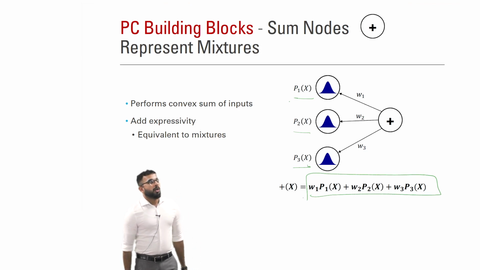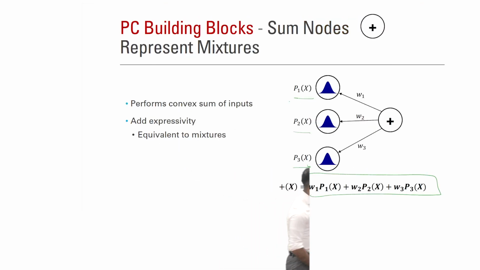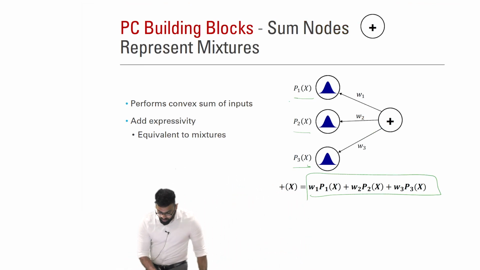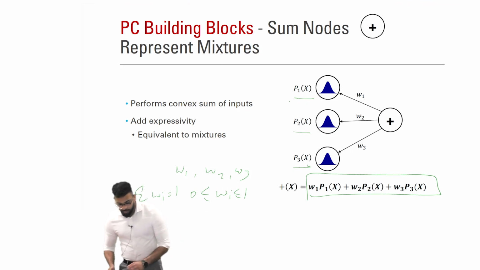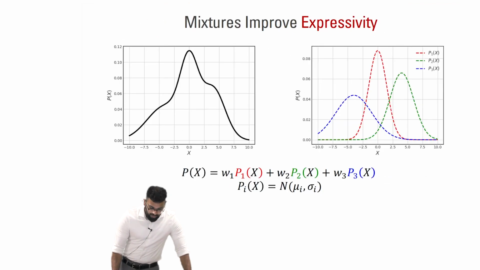What do I need to ensure that this combination itself is a valid distribution? I need to have some structure over the weights. I cannot subtract distributions. I need to take a convex combination. So these weights W1, W2, W3 should be between 0 and 1, and the weights should sum to 1. Taking a convex combination ensures that the output of your sum node would still be a valid distribution.